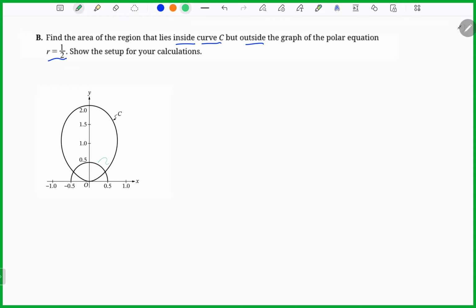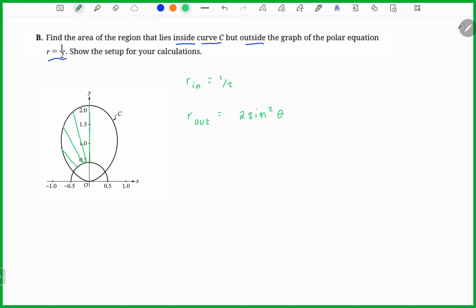To determine this, I'm going to draw the angular sectors that I am breaking up my region into. And we can see that those angular sectors hit both curves, our inner curve being r equals 1/2, and our outer curve being r outer is equal to 2 sine squared theta.